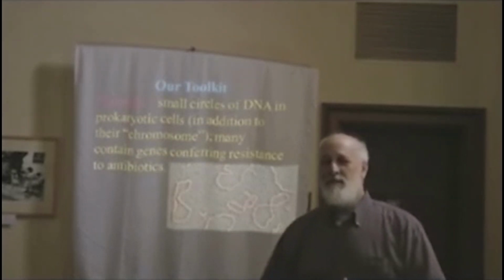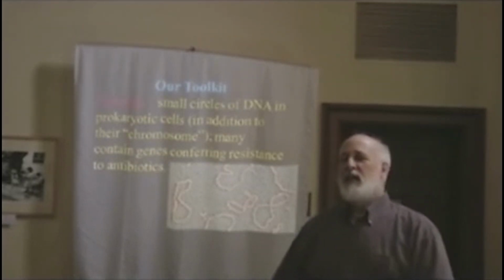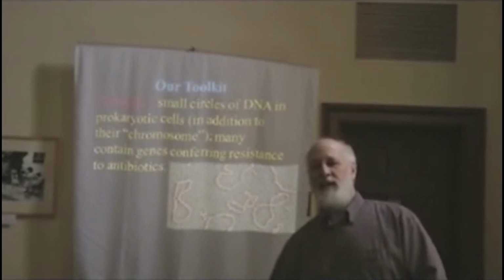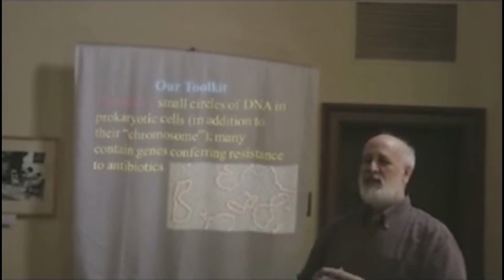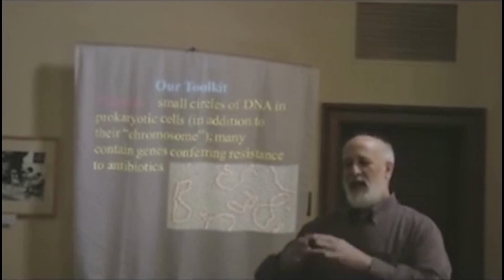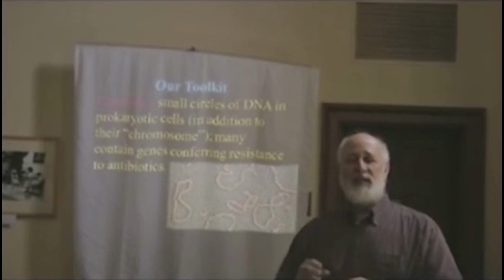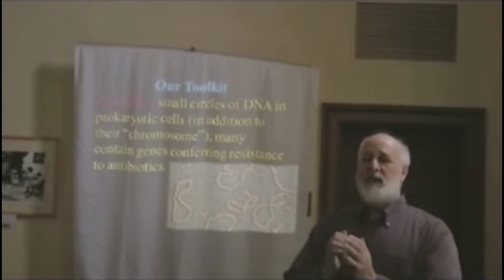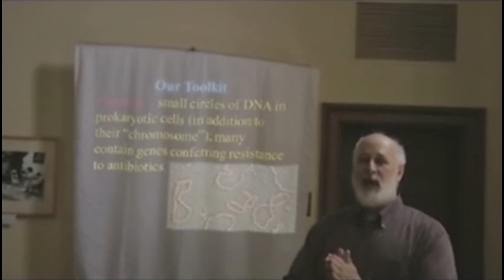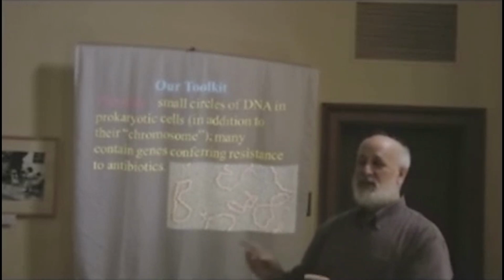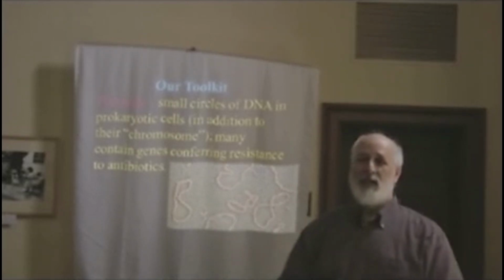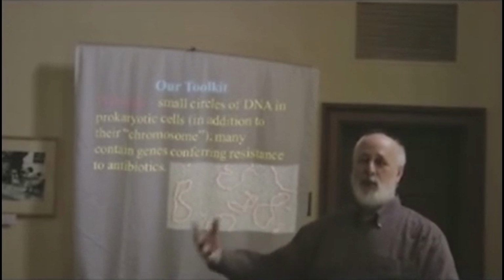Another weapon or tool is little circles of DNA in prokaryotic cells, and these are called plasmids. One of the main things that you find in most plasmids are genes that confer resistance to antibiotics. So this is now a countermeasure against the antibiotics that other organisms use.